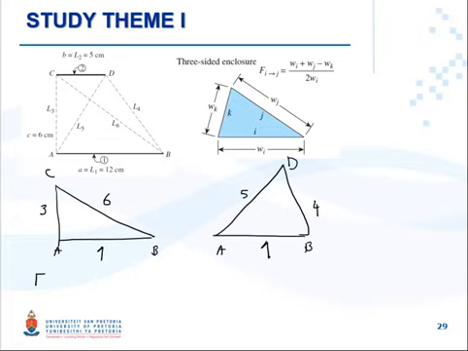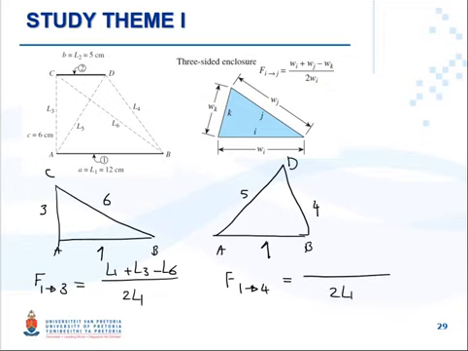So F1 to 3 for this triangle, I can say that it's L1 plus L3 minus L6 divided by 2L1. F1 to 4 is equal to L1 plus L4 minus L5 divided by 2L1.